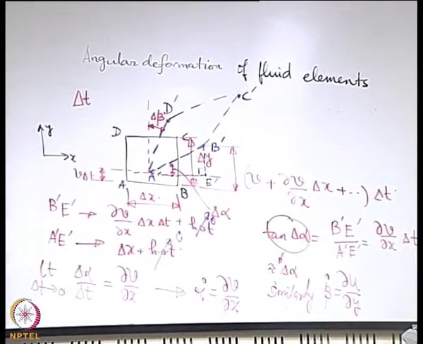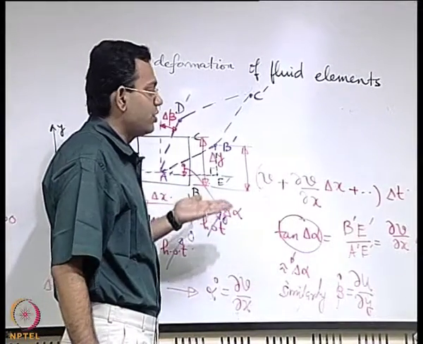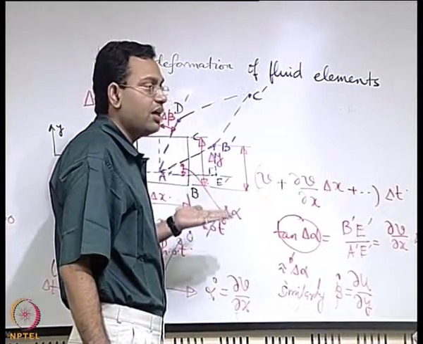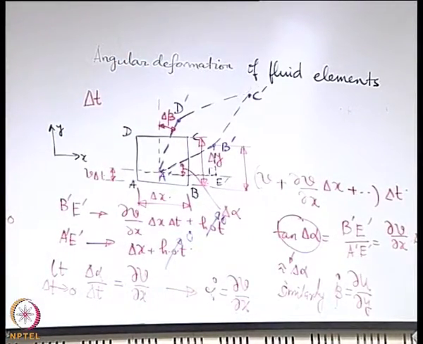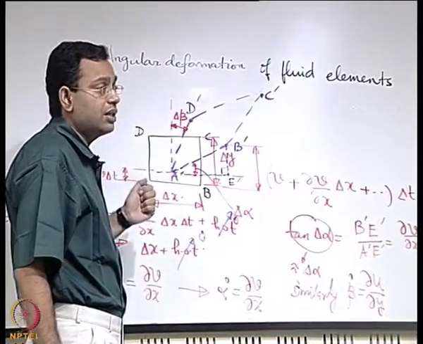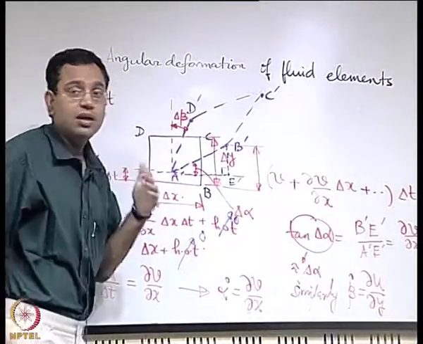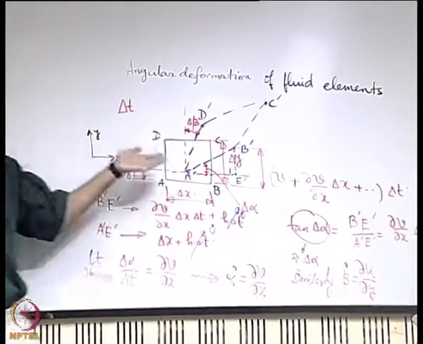These are like rates of deformation, so to say. Now, this rate of deformation we have to quantify in terms of certain parameters. When we quantify the rate of deformation, we have to give a definition to what is rate of deformation. These are just changes in angles.